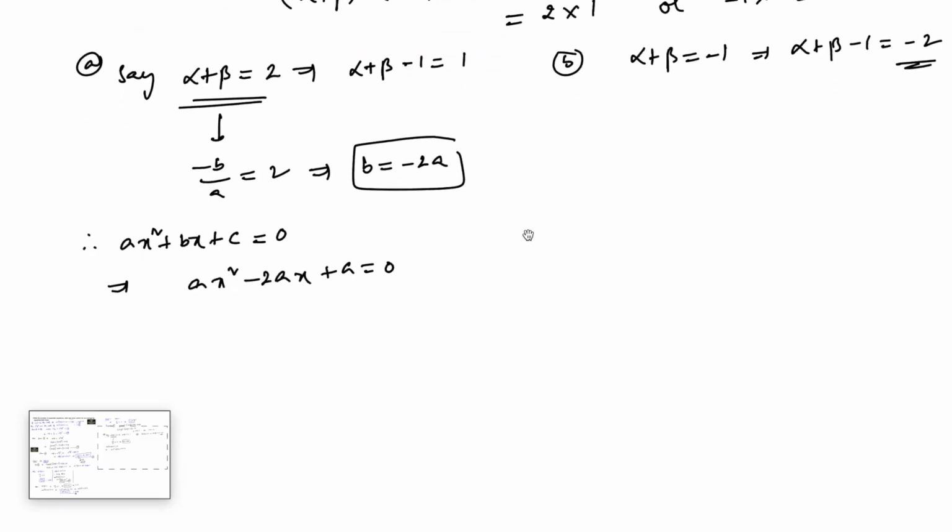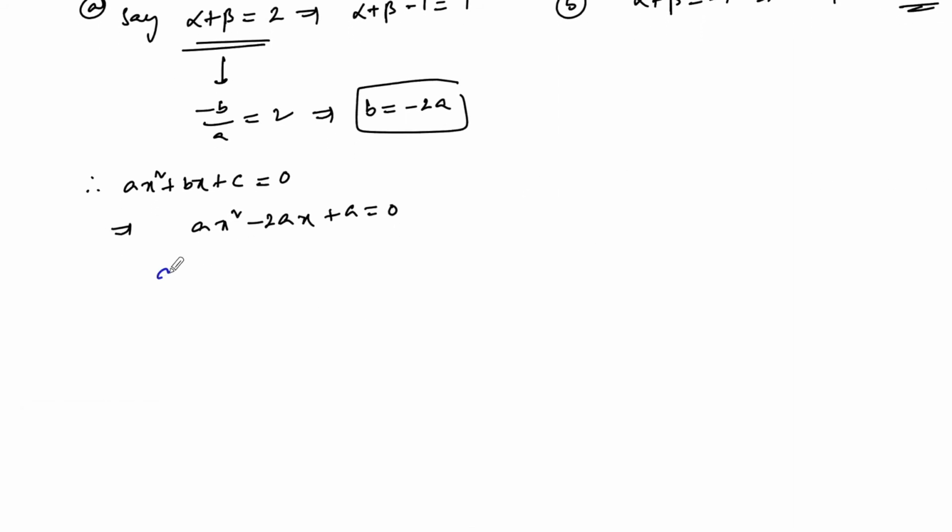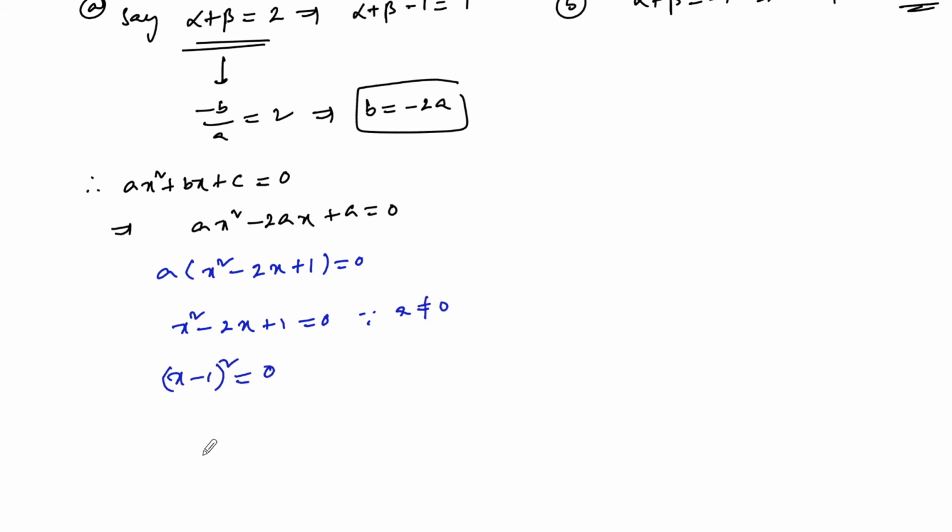So we can take a common: x square minus 2x plus 1 equals to 0, since a not equals to 0. So we can write this as x minus 1 whole square is equal to 0. So this is one more quadratic equation with real roots.